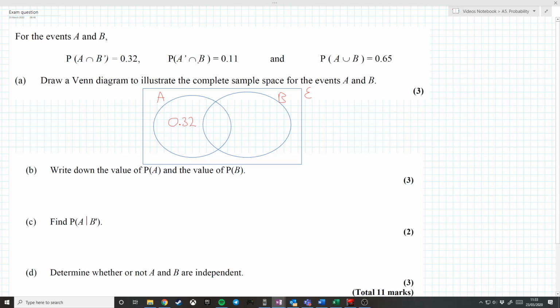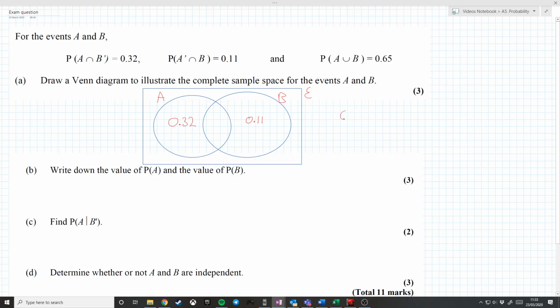So the intersection of B with not A. So it is not in A, but it is in B. So that must be this part here. Finally, we know that the A union B is 0.65.